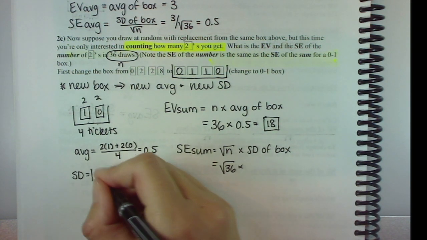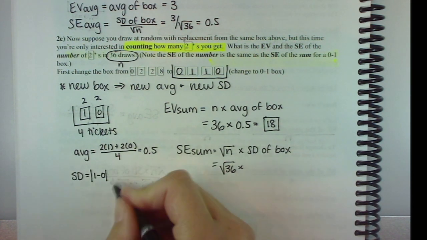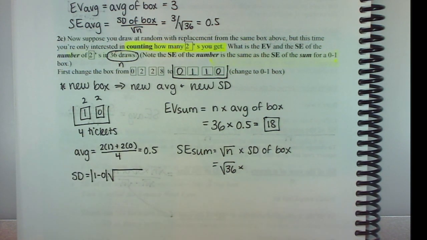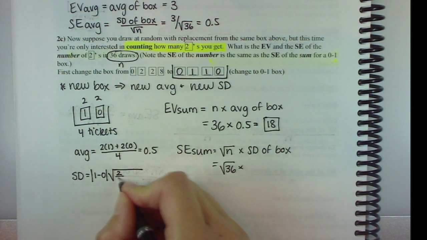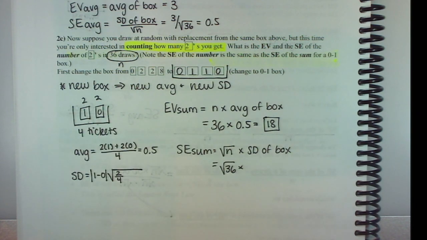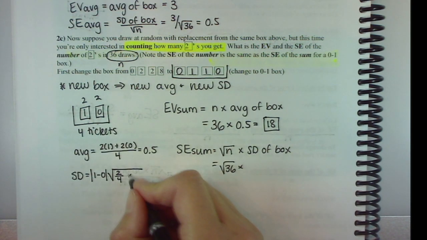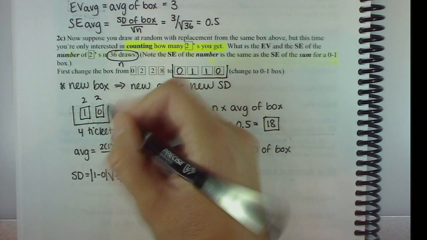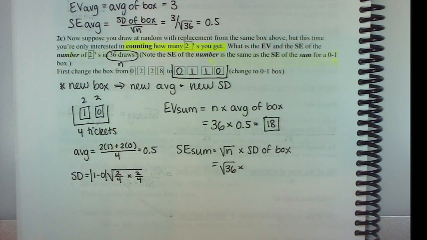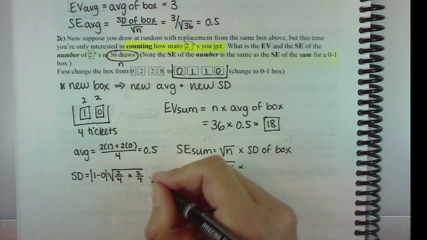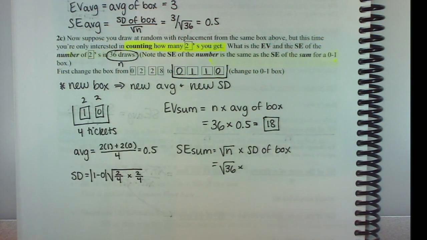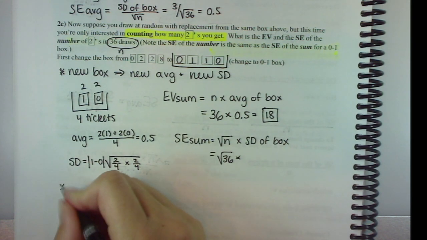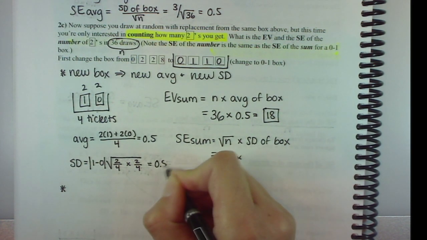So I'm going to take the absolute value of 1 minus 0 times the square root of the fraction of 1s, which is 2 out of 4, times the fraction of 0s, also 2 out of 4. This box, with half 1s and half 0s, comes up a lot, especially for flipping a coin, so I'm going to write this down because it might save you some time. My answer for the SD is 0.5.